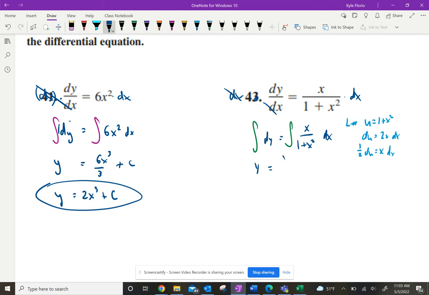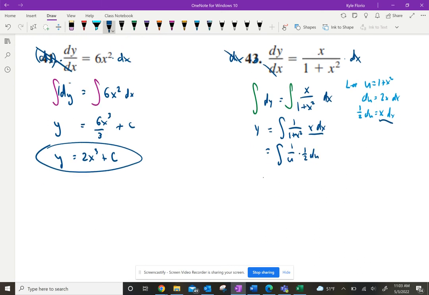So I'm going to first rewrite this integral as 1 over 1 plus x squared. I'm going to move that x next to the dx. And if I do the substitution, this is 1 over u. And then the x dx is just half of du. So the antiderivative of 1 over u is going to be the natural log of the absolute value of u times 1/2 plus some constant.